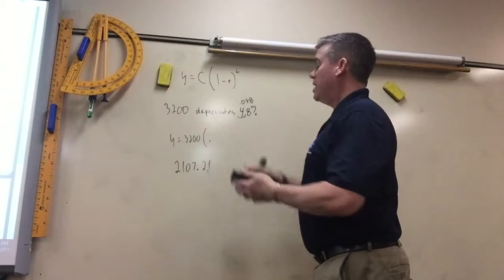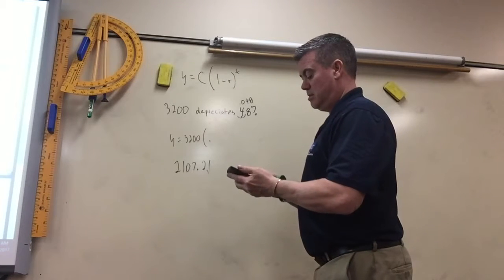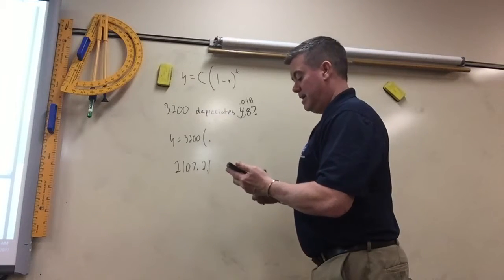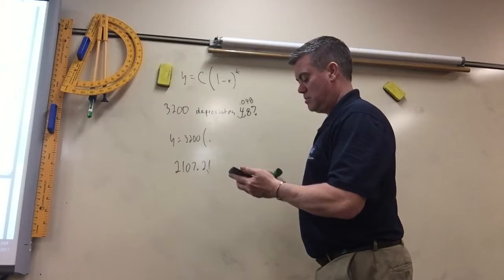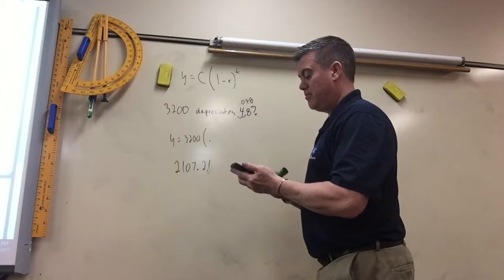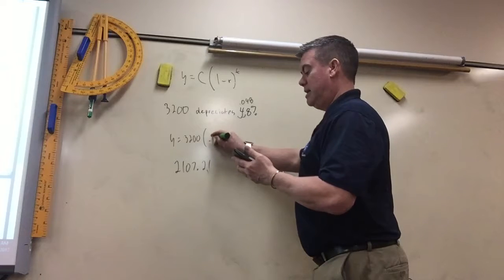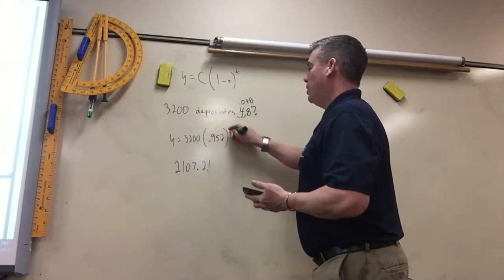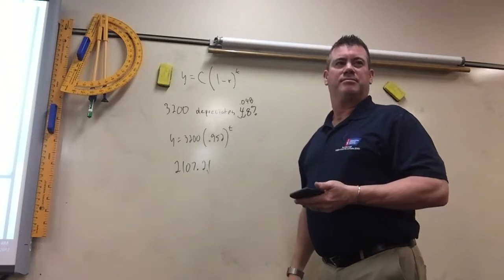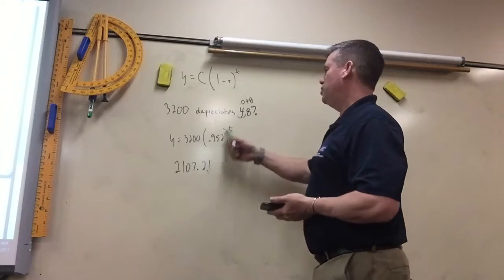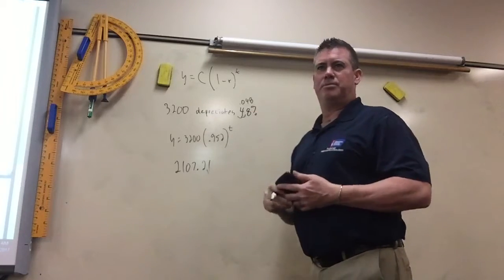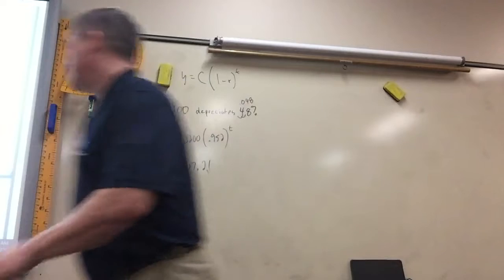So 1 take away 0.048 is 0.952 raised to the t. So it's not as easy to do in your head when it's an odd percent like that. But it's not so hard.